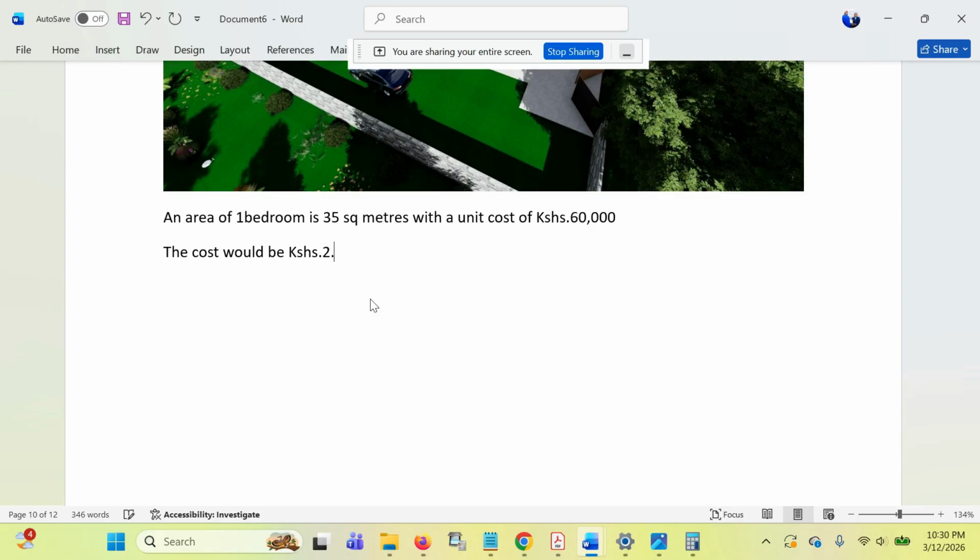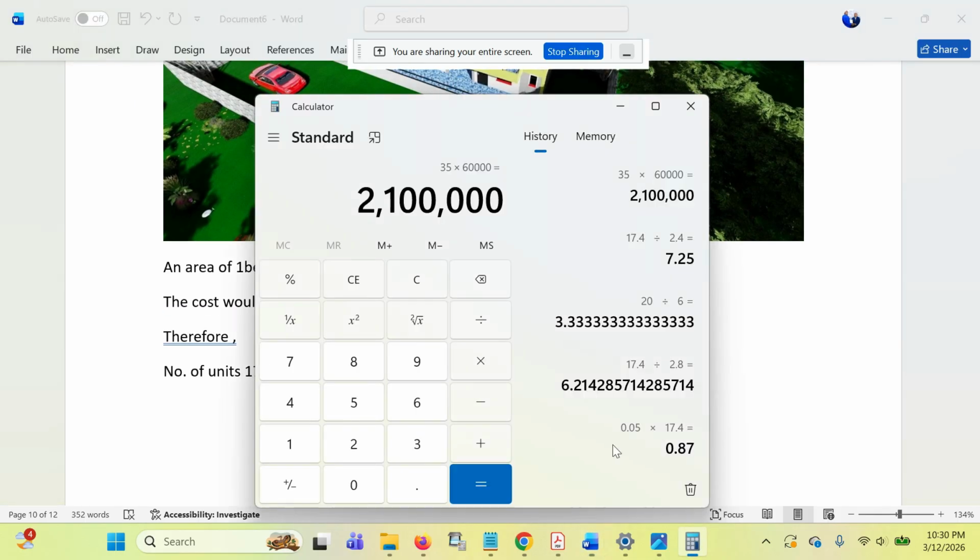With this, the cost will be 35 times 60,000, which is 2.1 million.